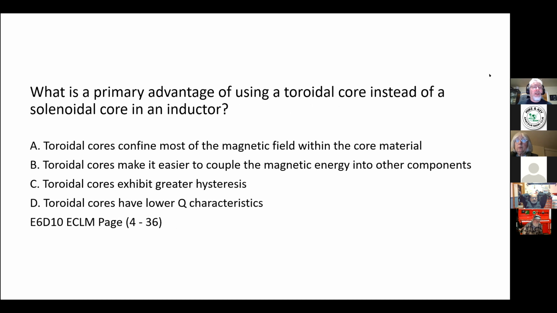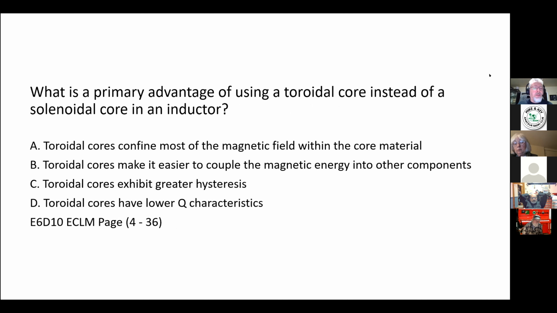What is a primary advantage of using a toroidal core instead of a solenoidal core in an inductor? A. Toroidal cores confine most of the magnetic field within the core material. B. Toroidal cores make it easier to couple the magnetic energy into other components.